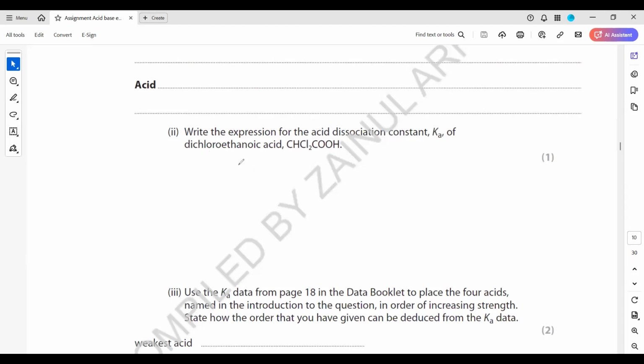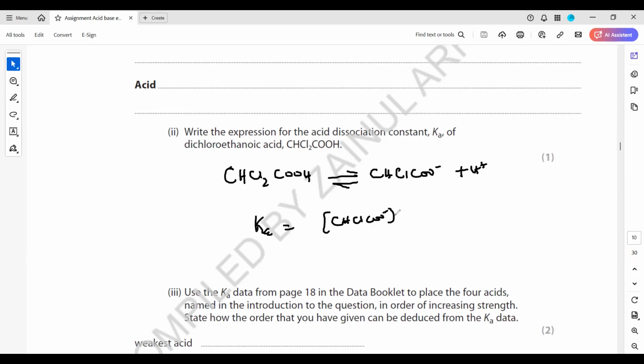They don't ask for the equation, I'm just writing the equation to get the expression. So dichloroethanoic acid will dissociate into CHCl2COO negative and H positive. So the dissociation constant will be Ka equals the products, CHCl2COO negative and hydrogen ion, divided by CHCl2COOH.